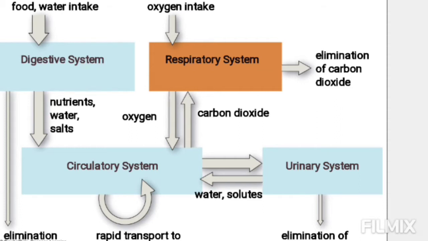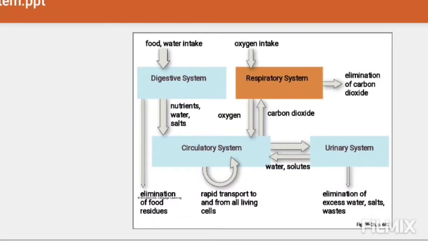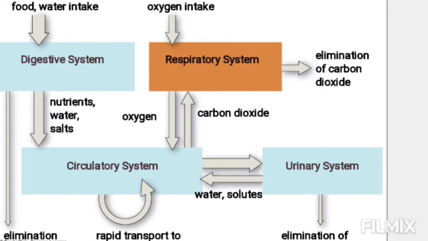After digestion, the main contents, nutrients, water and salt, are absorbed into the circulatory system. The circulatory system has blood, which circulates, and the blood carries these nutrients, water and salt. This circulatory system rapidly transports to and from all living cells.